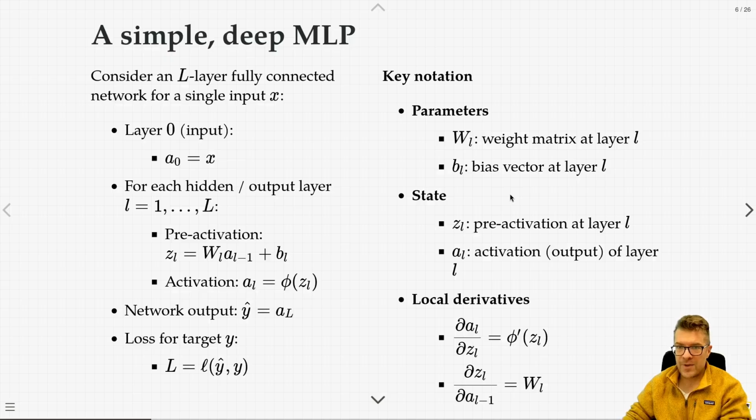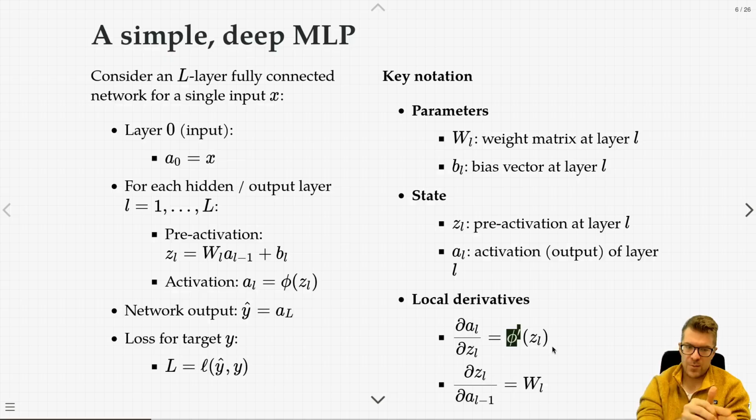Anyway, some more key notation. We already defined what the parameters are. We defined the states, so the states are my pre-activations and my activations. And now I'll have local derivatives. The derivative of an activation at layer l with regard to its pre-activation Z is just the derivative of whatever the function is. We know how to take the derivative of the sigmoid function, for example.